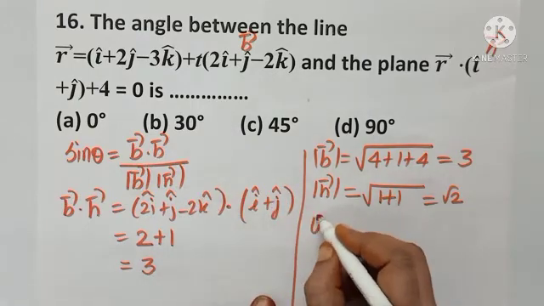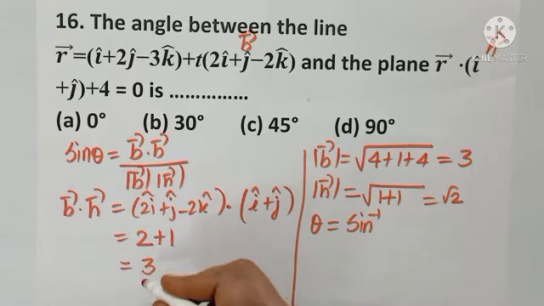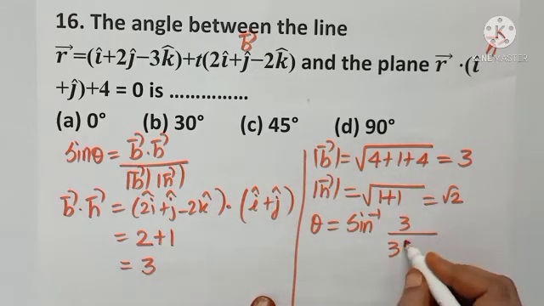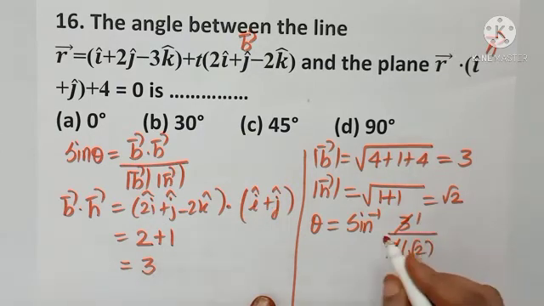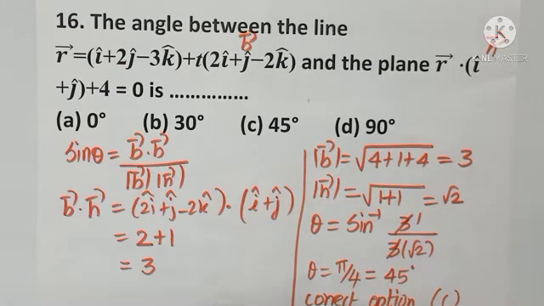Substituting in the formula, theta is sin inverse of b dot n, which is 3, over mod b mod n, which is 3 into root 2. 3 and 3 cancel. Sin inverse of 1 by root 2 tells me theta is pi by 4, or we can say 45 degrees. So the correct option is C, that is 45 degrees.